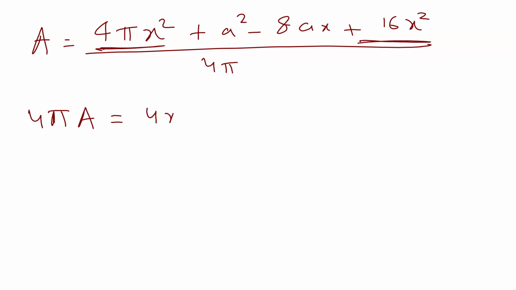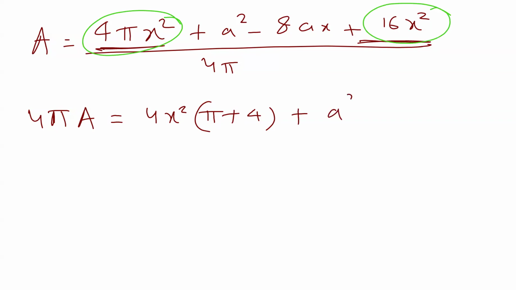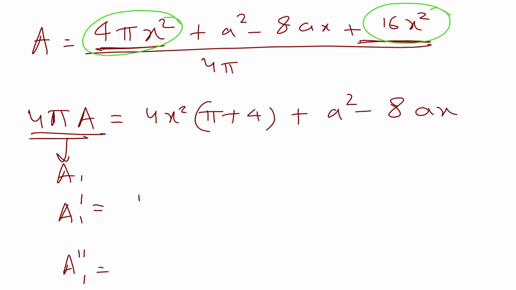So pi plus 4. From the first and the last term, I have taken 4x square common. Plus A square minus 8Ax. Now this I will term as a1. Then a1 dash and a1 double dash. So 8x pi plus 4 minus 8A, that is a1 dash, and a1 double dash is 8 into pi plus 4.